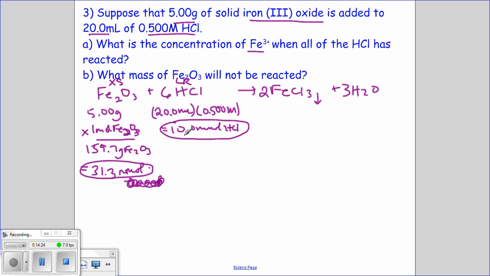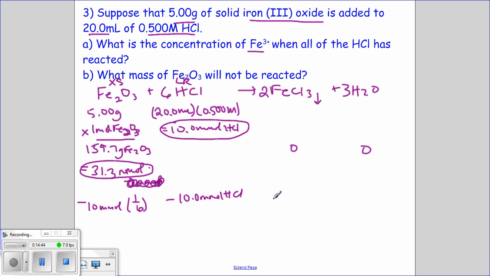So this is what we have before the reaction on both, and 0 and 0 on the two products. During the reaction, we're minusing away the 10 millimoles of HCl, and minusing 10 millimoles of HCl times the ratio of 1/6.